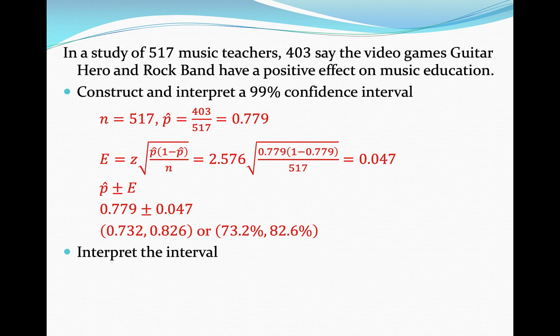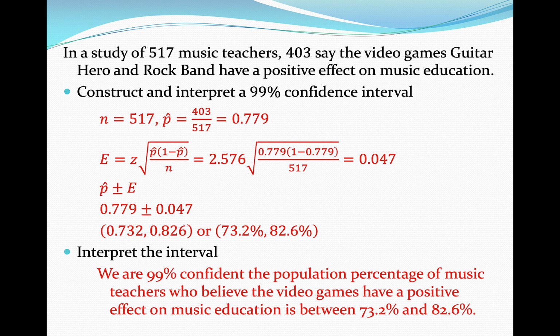So now let's actually interpret the interval. The interpretation is very similar to what we did on the last one. All these interpretations are the same. Start with how confident you want to be. We're going to be 99% confident that the population proportion of music teachers who think these video games have a positive effect on music education is between these two values of 73.2% and 82.6%.